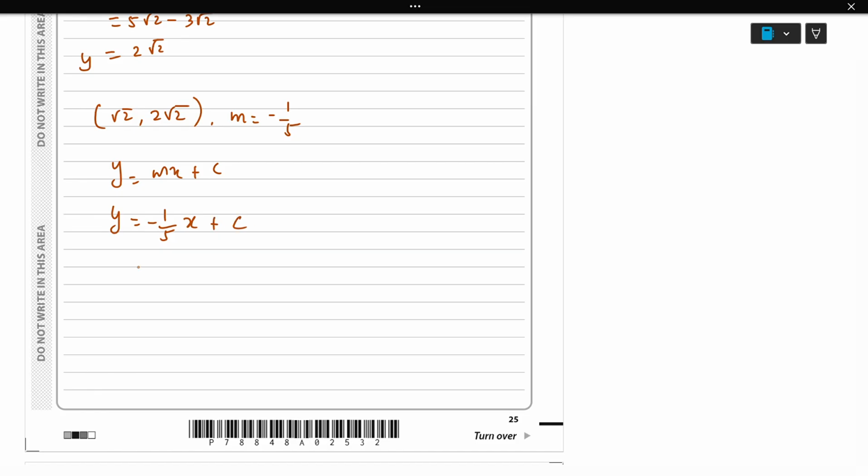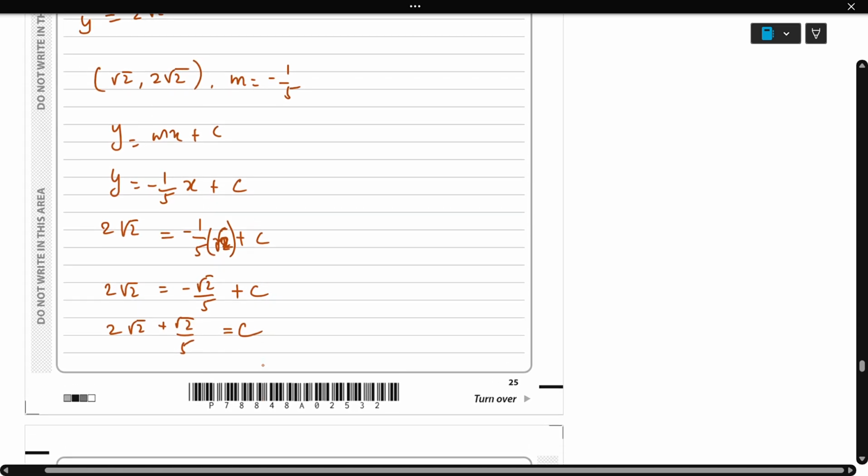Plugging in the values, y equals 2 root 2 and x equals root 2, so 2 root 2 equals minus root 2 over 5 plus c. So 2 root 2 plus root 2 over 5 equals c. Now find the c value.